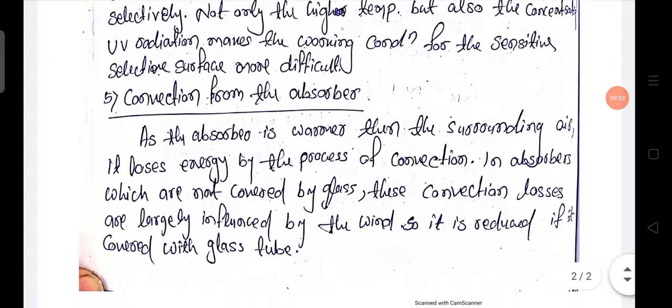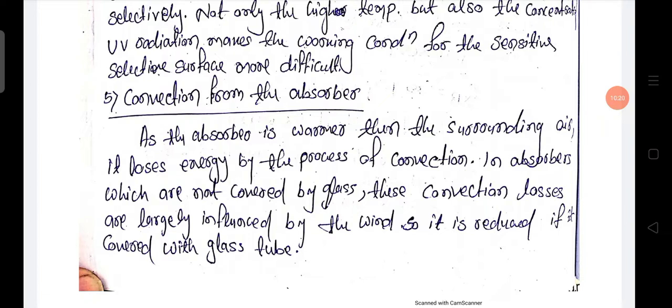Next is convection from the absorber. That means the absorber absorbs the heat and gets hot, but the surrounding air of that absorber is not so heated.